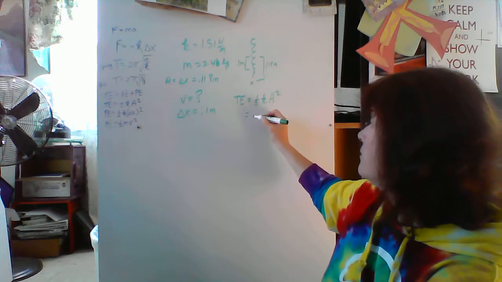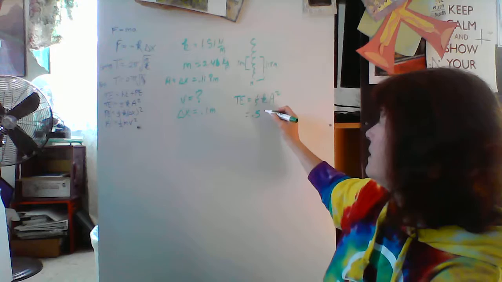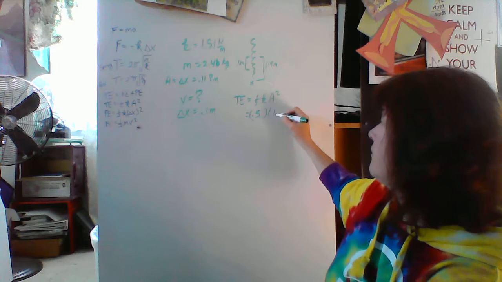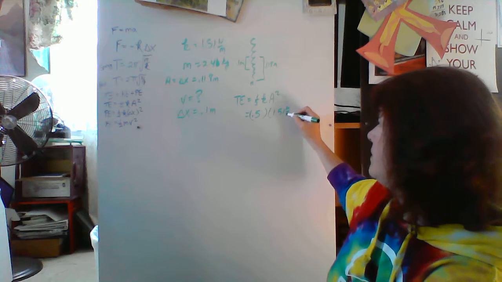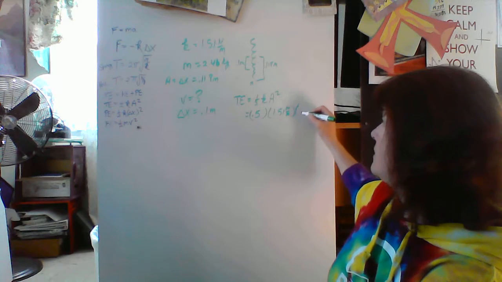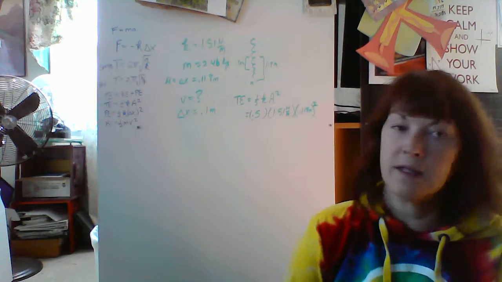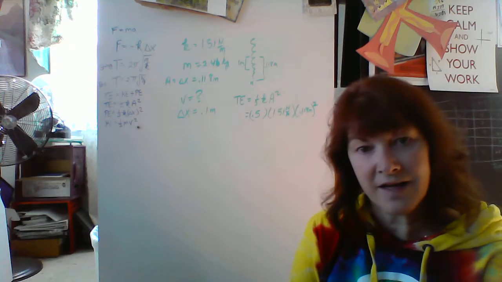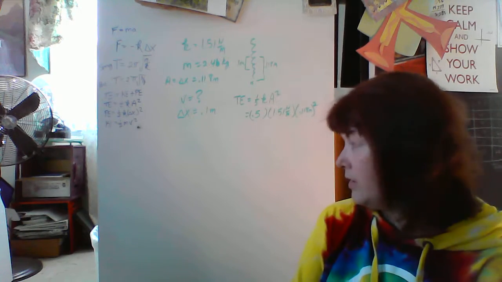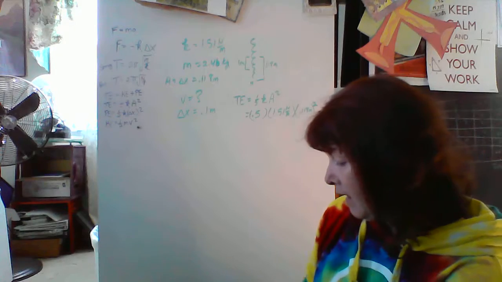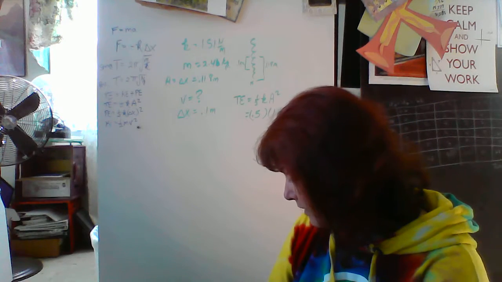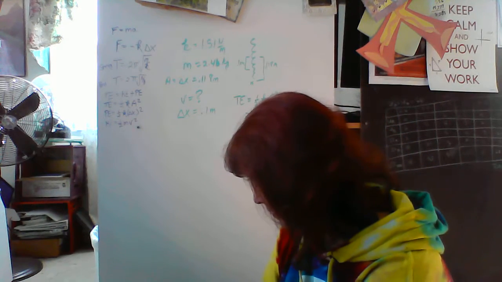So the total energy is going to be 0.5 times 1.51 Newton per meter times 0.118 meters, and that whole thing is squared. Again, don't forget to hit the square button on your calculator. And so that would give us that total energy.